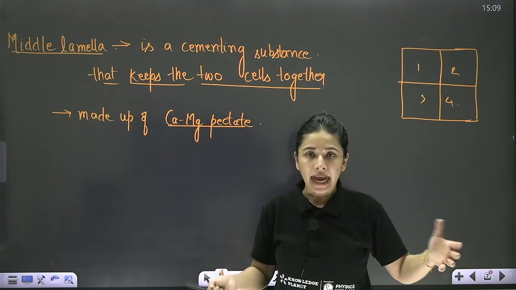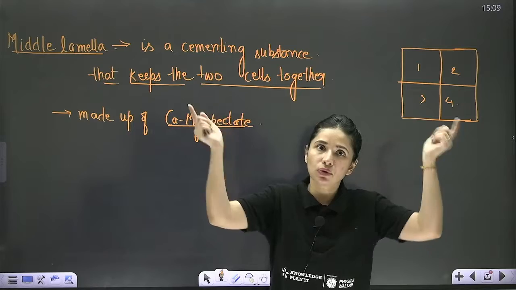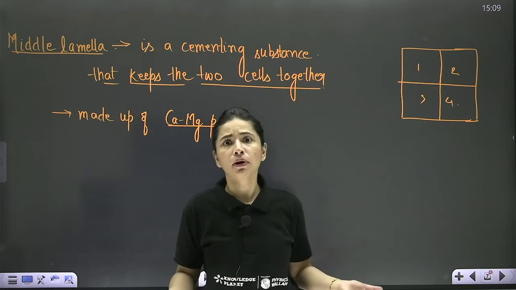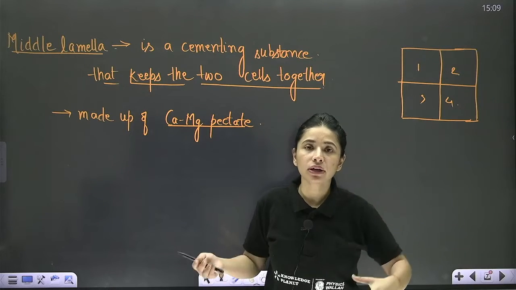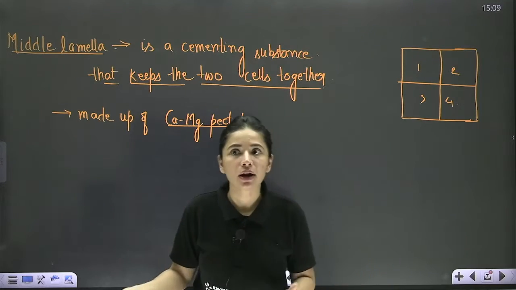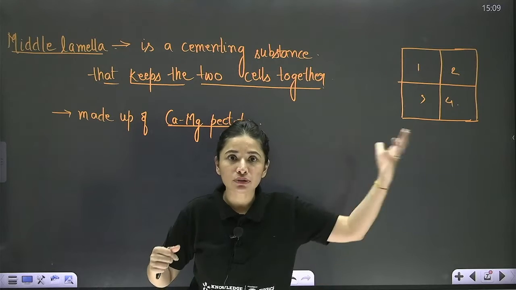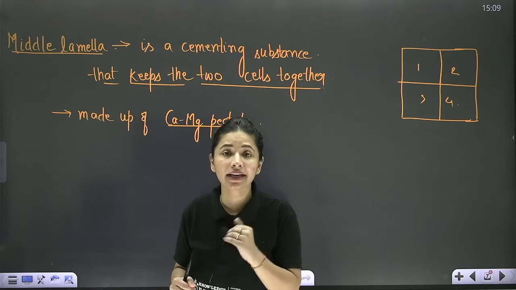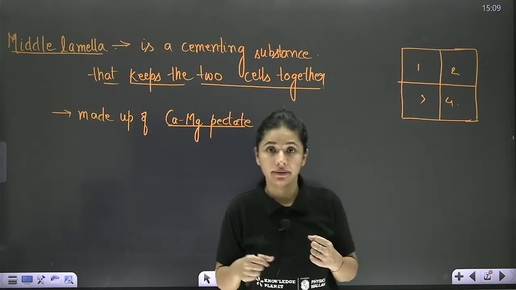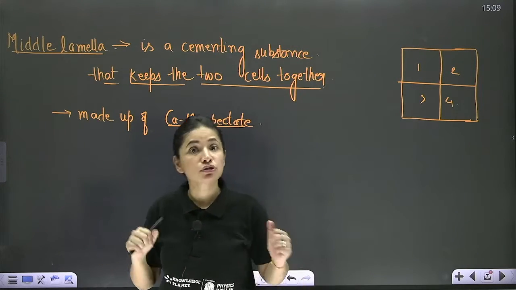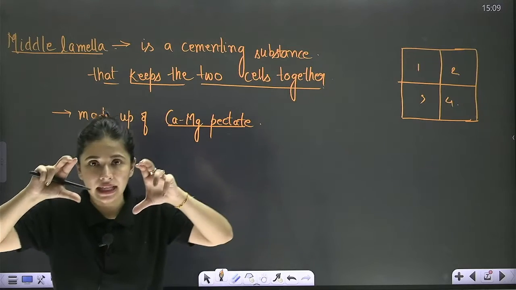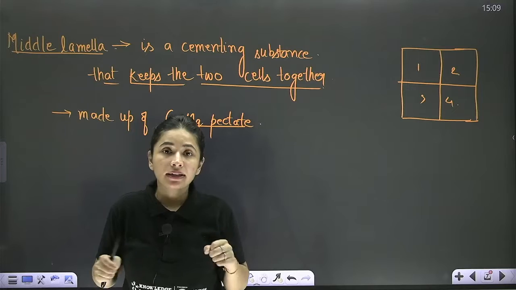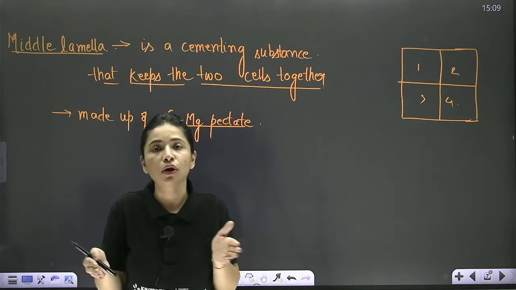No. Have you ever seen any home where there are only walls on all 4 sides without any door, without any window? Not possible. Because without doors and windows, how will you communicate with the outer world? How will you get attached to the other rooms of the home? So these are very necessary for keeping an interaction. Similarly, beta, in plants also, if there are 2 cells and in between them I completely fill up the cement, then how are they going to talk to each other?